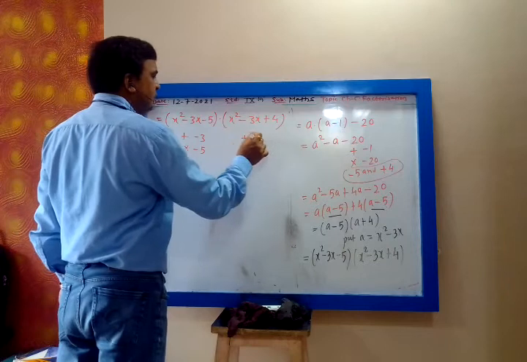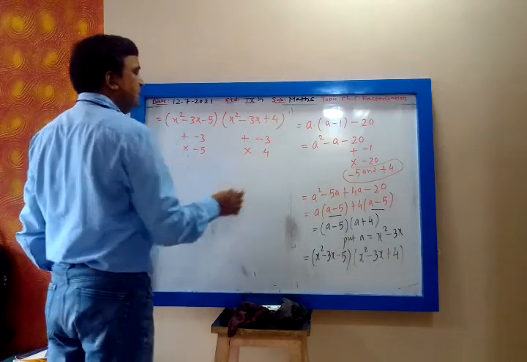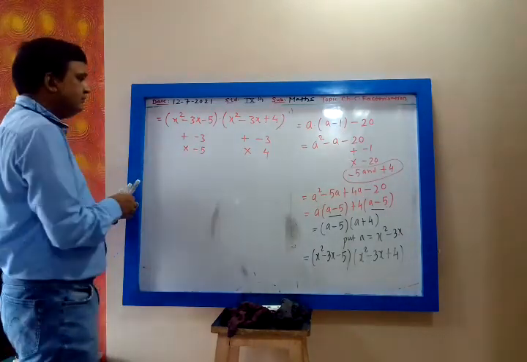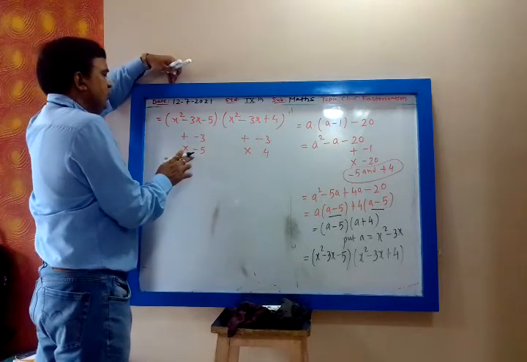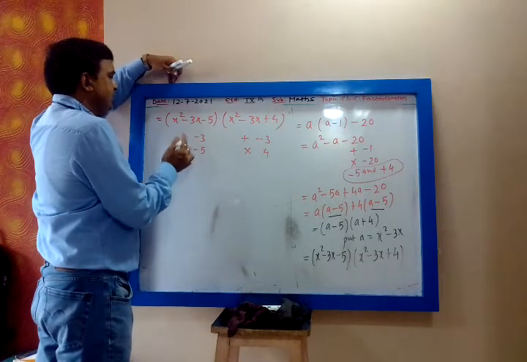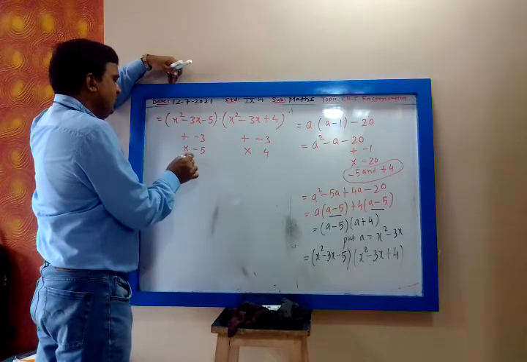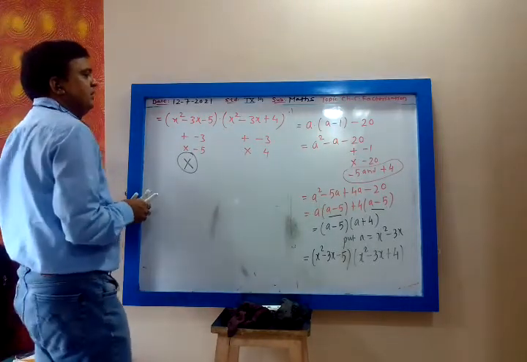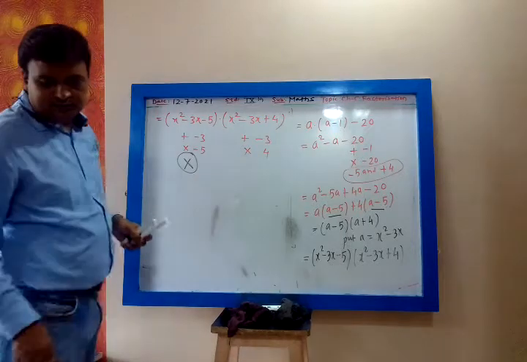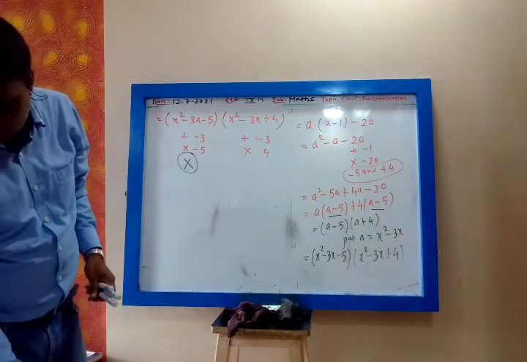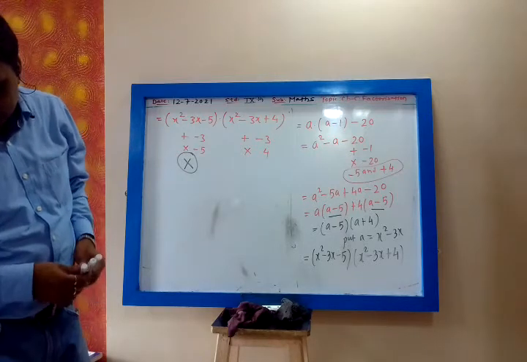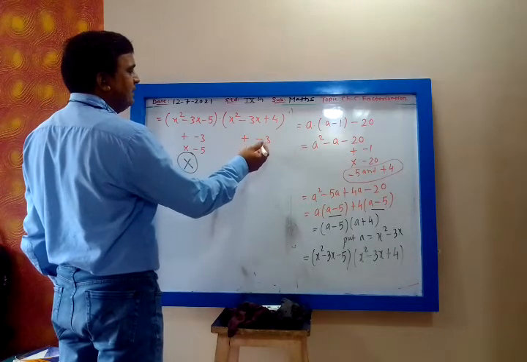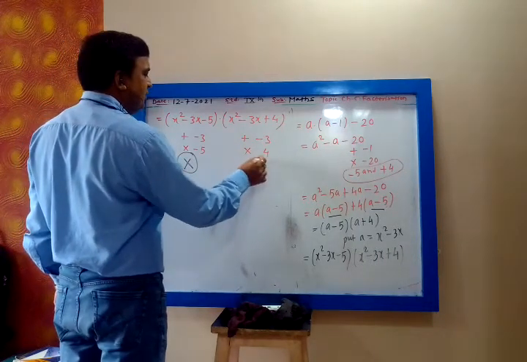In this one, find two numbers whose sum is minus 3 and product is plus 4. In the first, we see whose sum is minus 3 and product is minus 5. So the first one is not possible; we cannot factorize the first one. What about the second one? Is there any number whose sum is minus 3 and product is plus 4? No. So this is also not factorizable.